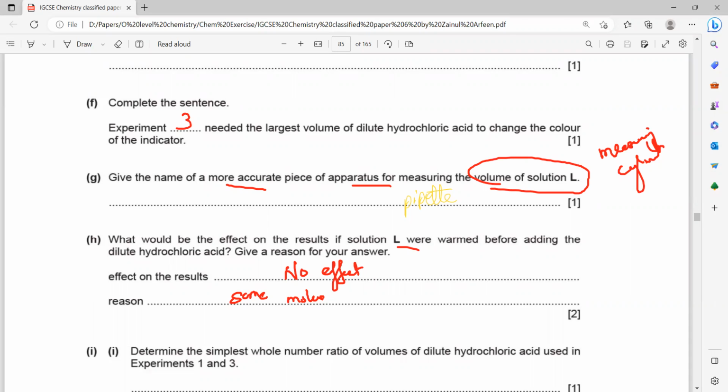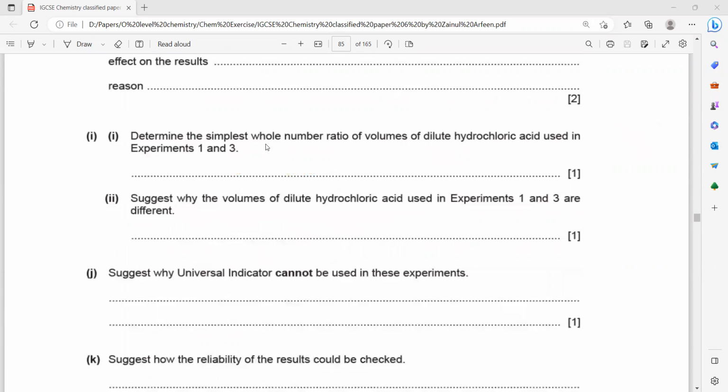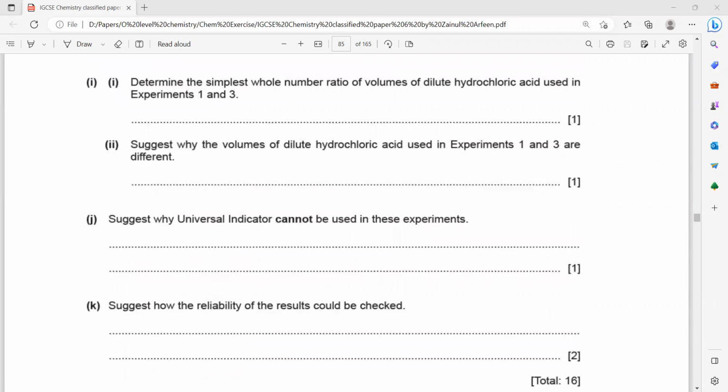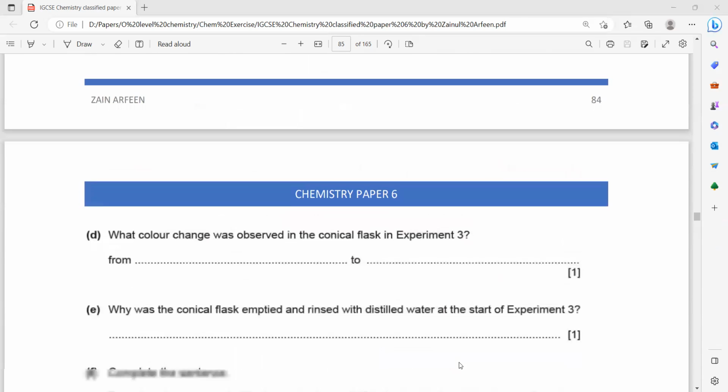Then the next one: determine the simplest ratio of the volume of hydrochloric acid used in experiment 1 and 3. In experiment 1, how much did we use? That was 11.6.